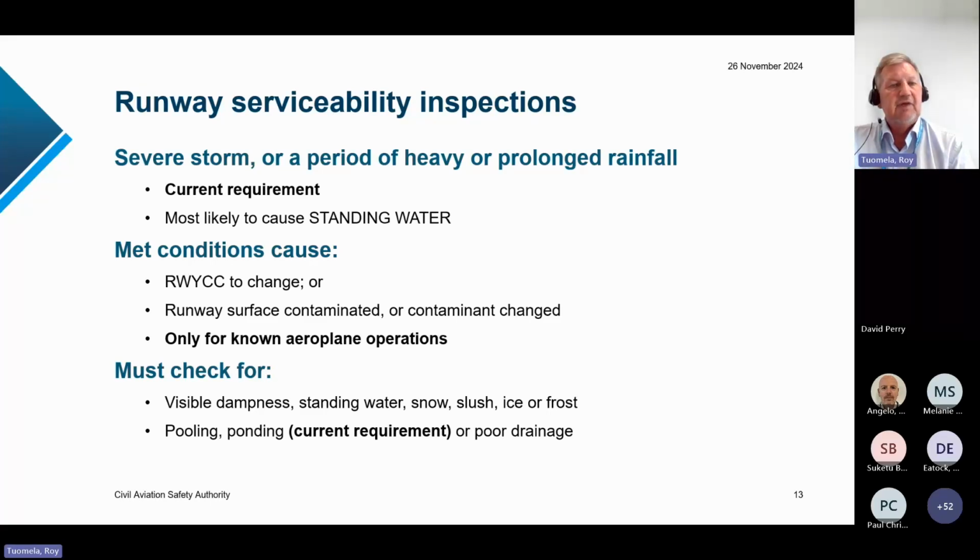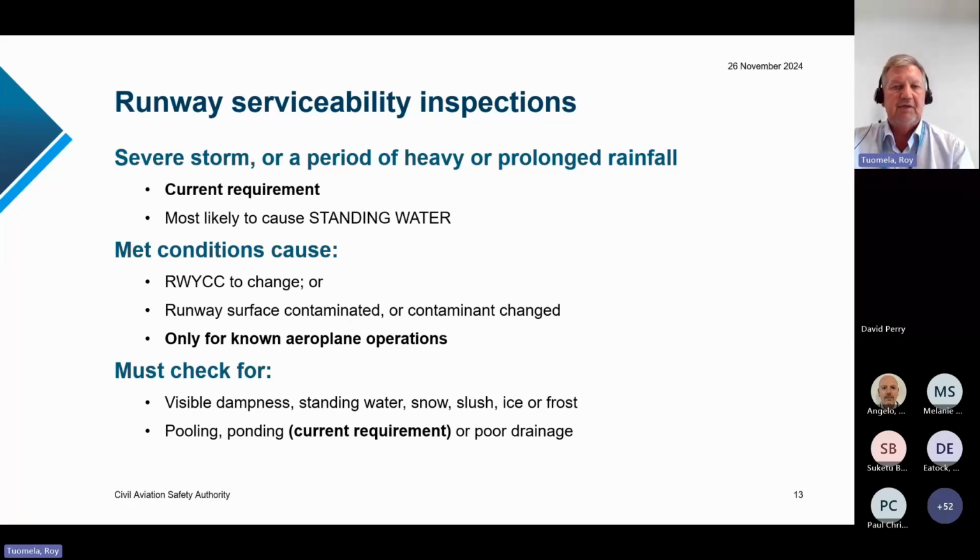The other times that the serviceability inspections are required is if the meteorological changes cause the runway condition code or the runway surface condition to change. So you may have had a wet runway that was a 5 and now it's changed to a runway condition code of 3 or worse, or a 2 potentially with standing water.